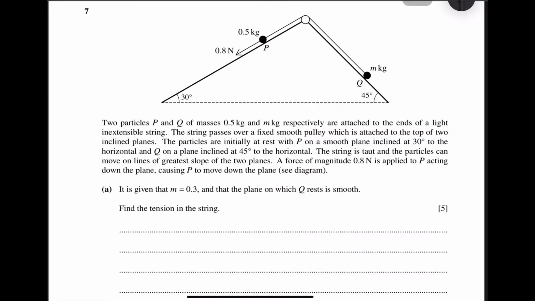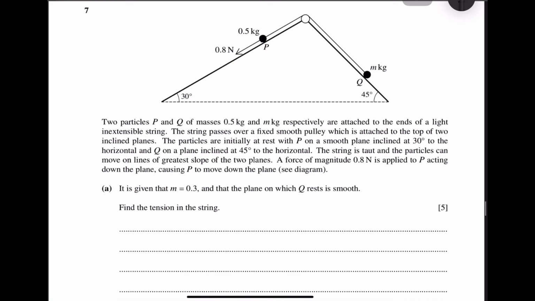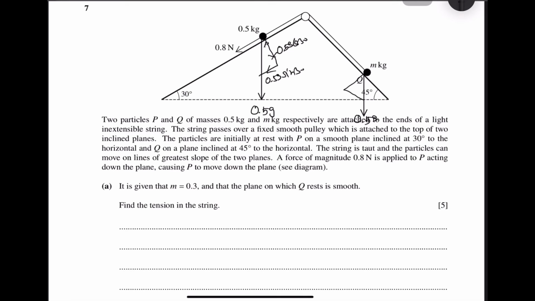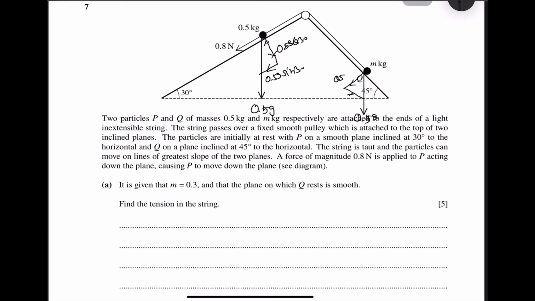Two particles, P and Q. Okay, P and Q. So this is 0.5 g, 0.5 g, and then 0.5 g cos 30, 0.5 g sin 30, then 0.3 g cos 45, 0.3 g sin 45.